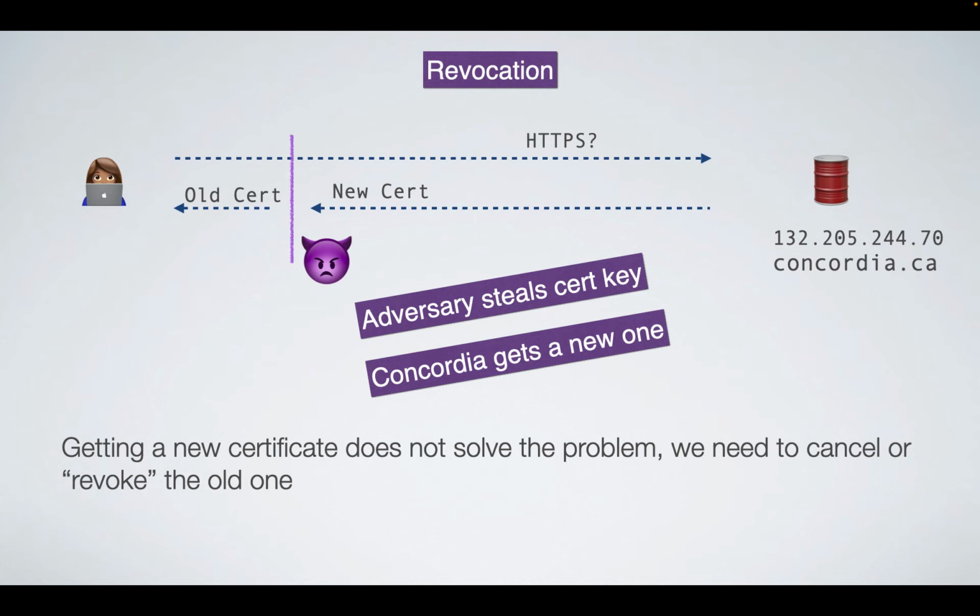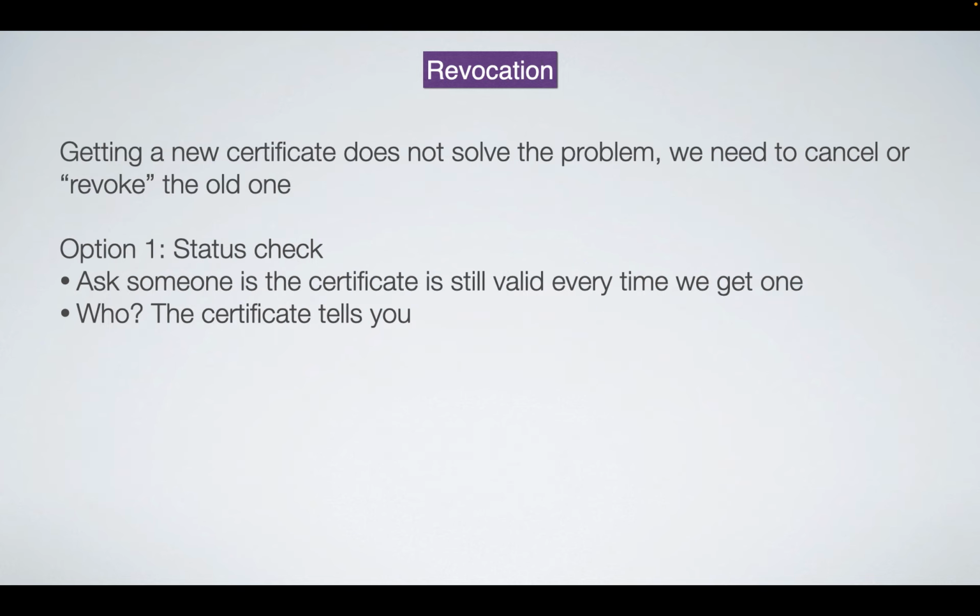Something that was valid at a certain point in time, the adversary can make them think you're still in that period of time. So it turns out there's really no way to do revocation without checking with another party. We need a third party that is going to maintain a list of certificates that have been revoked.